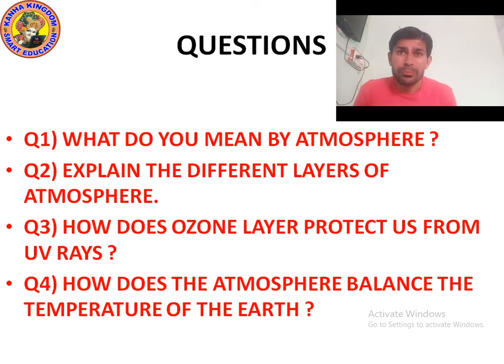The atmosphere absorbs the heat of the sun, so that the earth does not get overheated during the day and retains heat at night, so the earth does not freeze. In this way it maintains the temperature balance.